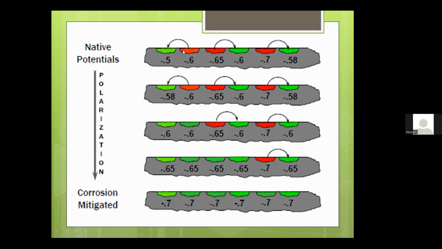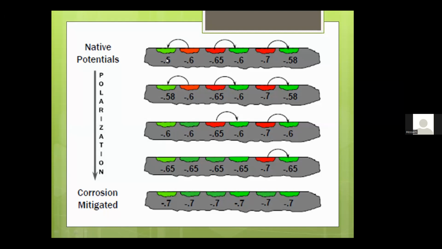The cathodic protection current will polarize the cathodic sides to potentials near the anodic sides. Here, for this corrosion cell, the anode side potential is negative 0.6 volt, and the potential of the cathode side is negative 0.5.